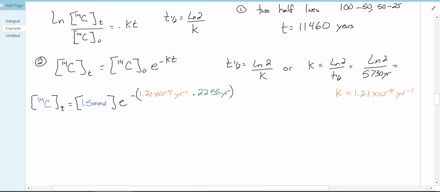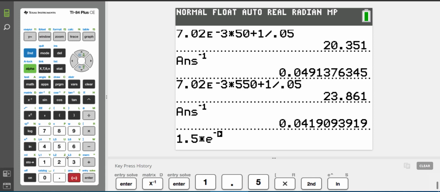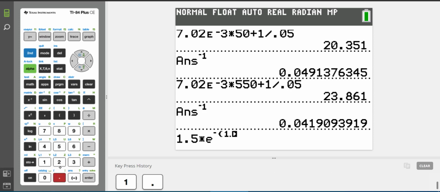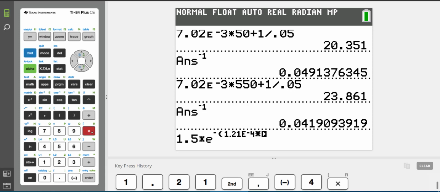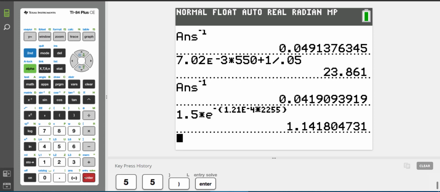So what is carbon-14 at time t equal to? I take my 1.5 times e to the negative 1.21 times 10 to the negative 4th times 2,255, and I get 1.14 millimoles.